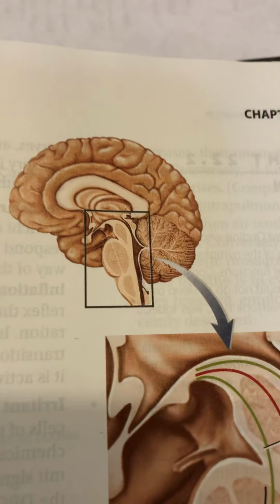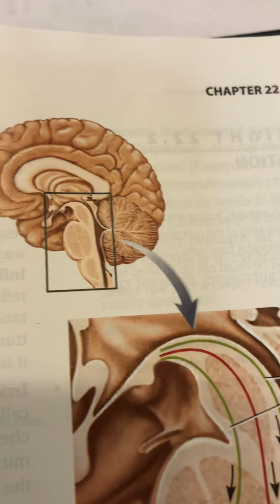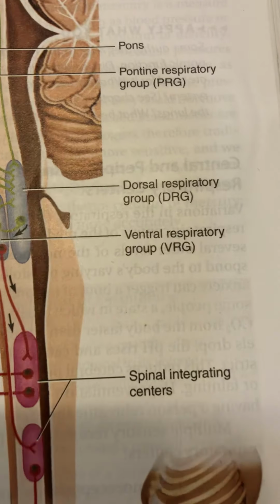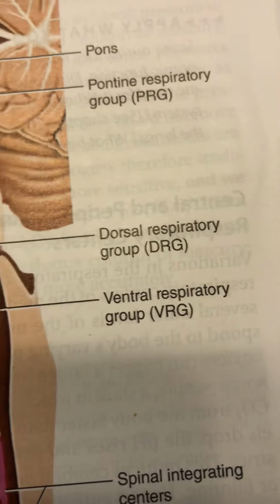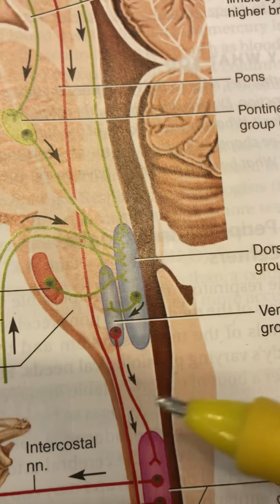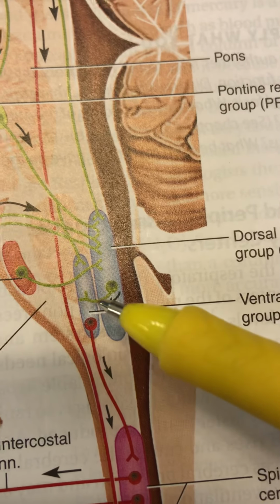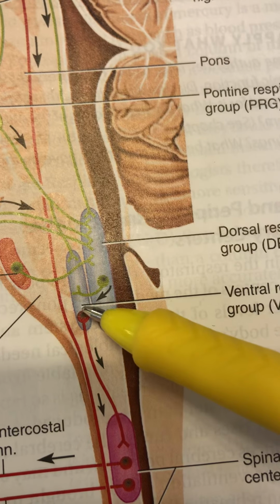So now the first group or respiratory center I'm going to be talking about is the ventral respiratory group or VRG. That's the image right there. That's this one, VRG.